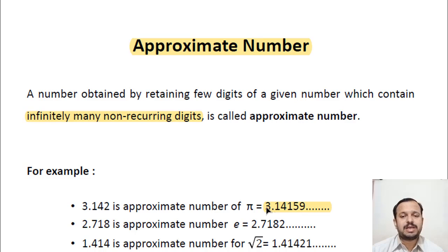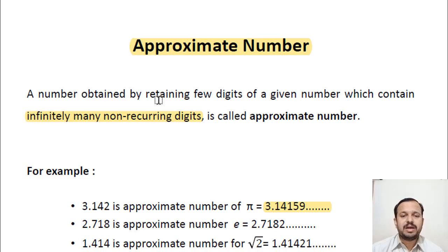So for the sake of computation, we can retain only a few digits after the decimal point. This is the decimal point. After the decimal point, we can retain only a few digits and we can ignore all other digits after that. So here what we are doing, we are truncating the number.